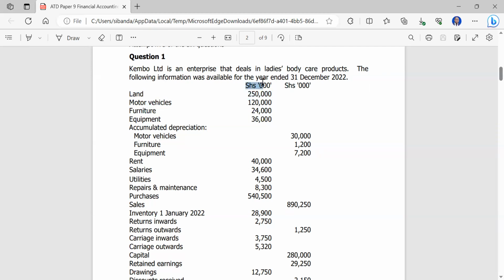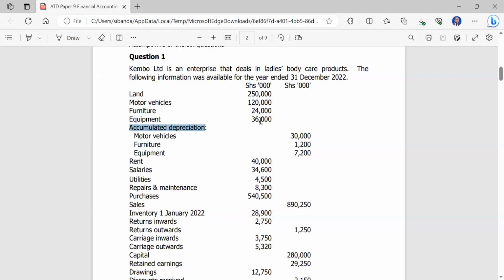So we have land, as we can see, which is valued at 250 million. There's a degree of precision here. Like I say, this is a trial balance, and that is why you're seeing this land on the debit side. We have motor vehicles still on the debit side, furniture still here, equipment still here. So we have this so-called accumulated depreciation.